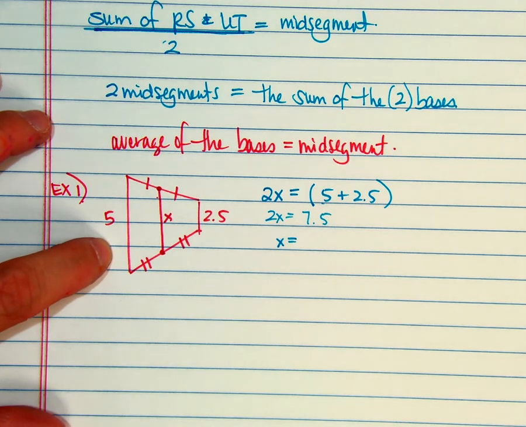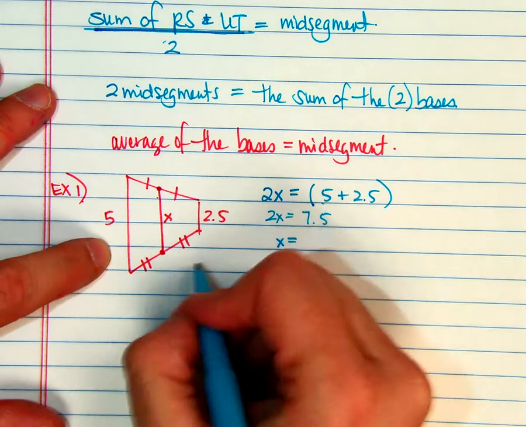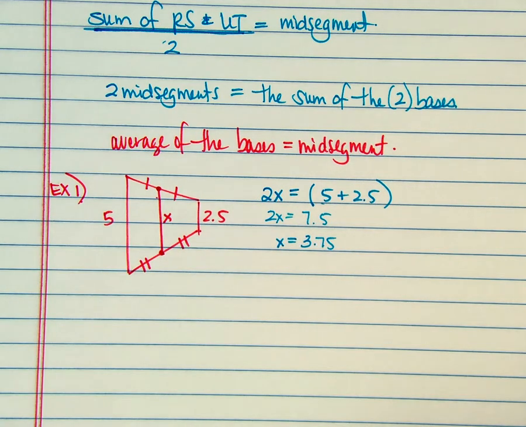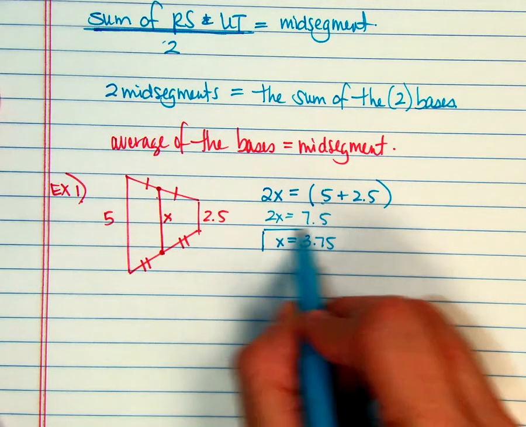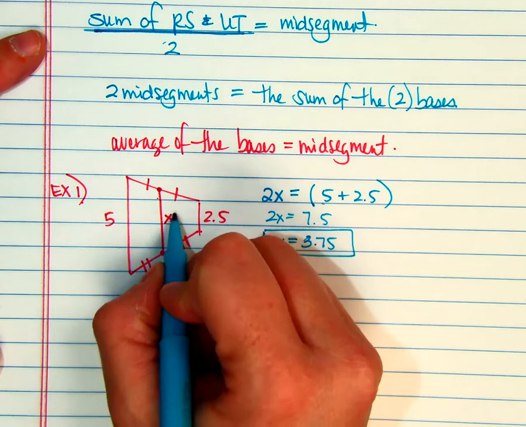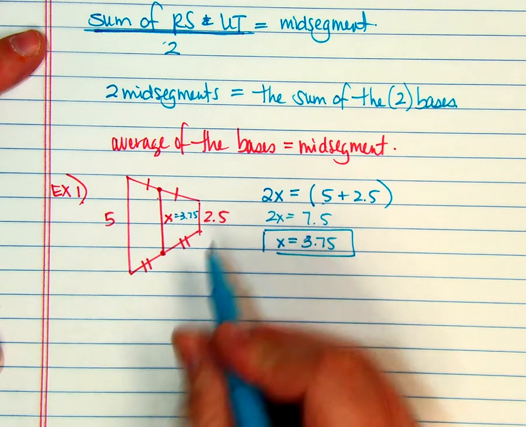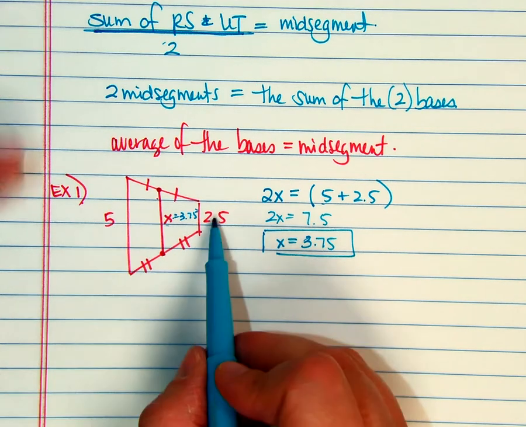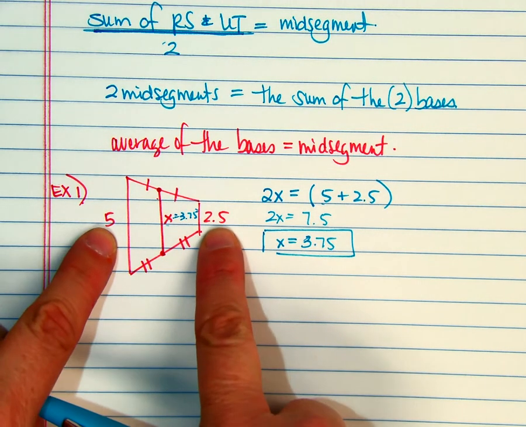Let me do some quick math. X equals 3.75. That's why I use my calculator. So 3.75. So let's kind of check it. If this is 3.75, so 2 of these should equal what these are.